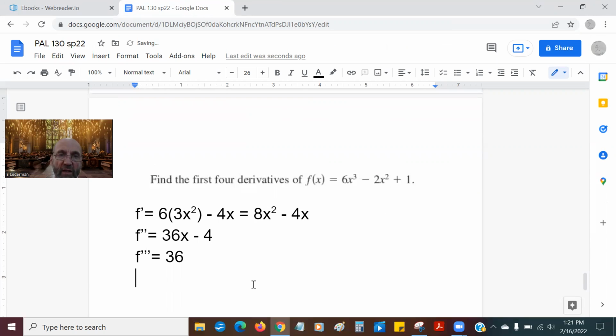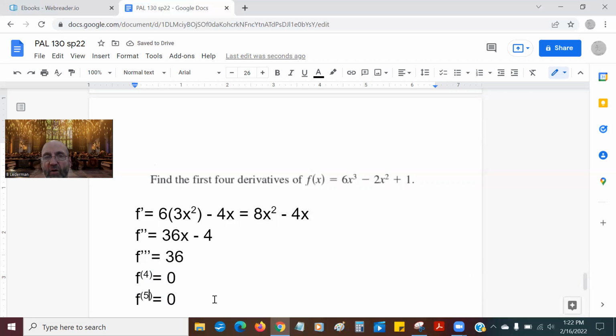And now if I go again to f, I don't write prime prime prime prime. I just write it this way. I make a little thing here, and I just write a little 4, because that's the fourth derivative. And that's going to equal 0. And if I do a fifth derivative, that's also going to be 0.